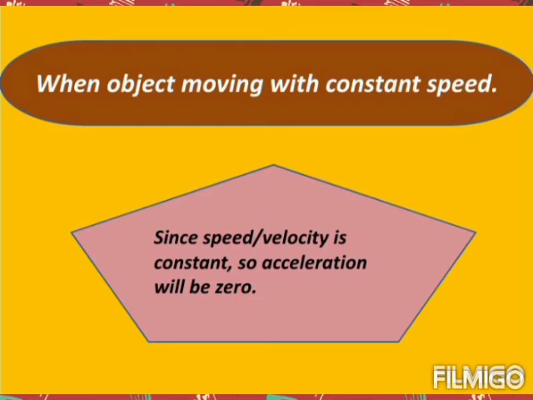It means speed and velocity are the same, as you have studied in the previous lecture that speed and velocity are interchangeable quantities. If there is no change in velocity, acceleration will be 0, because the definition of acceleration tells us that it is the change in velocity in unit time. If there is no change in velocity or speed, the acceleration of the object will be 0.